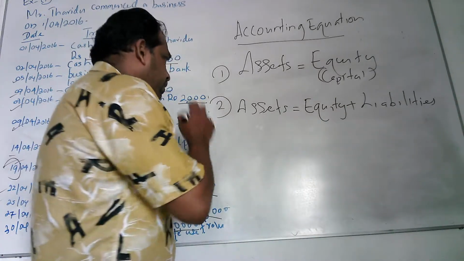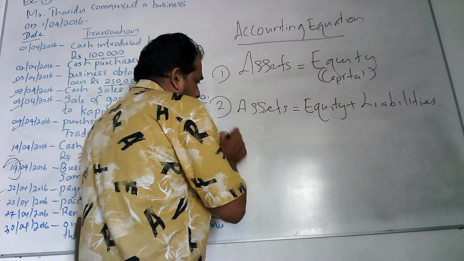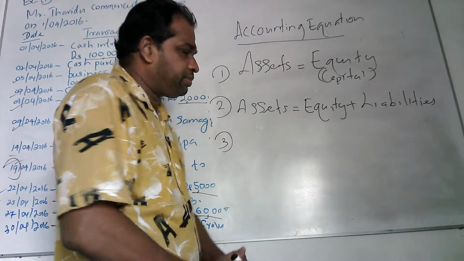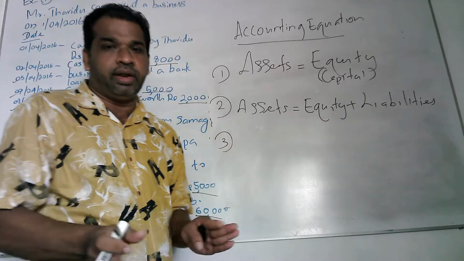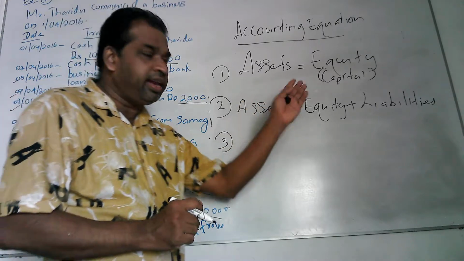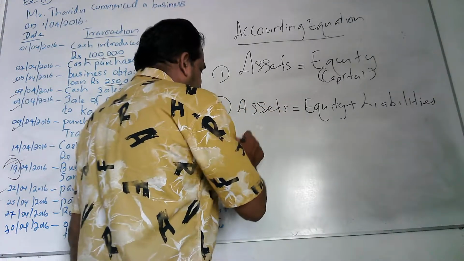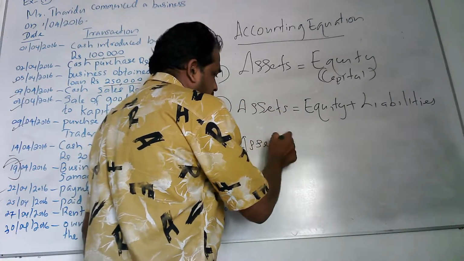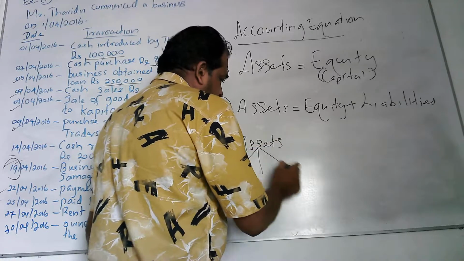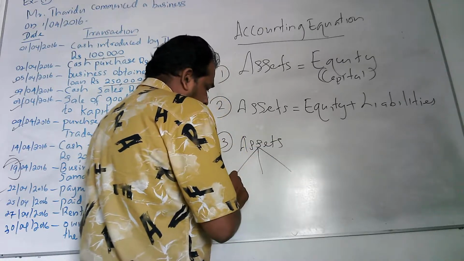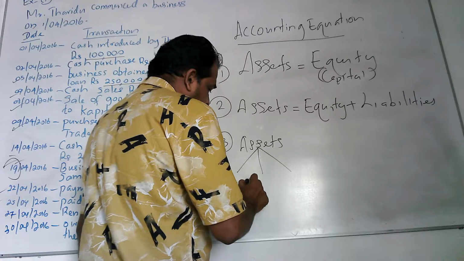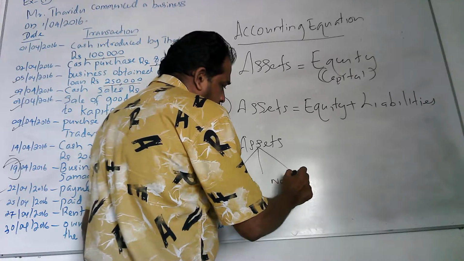Then the third one: at the examination, sometimes you will be given a classification of assets and liabilities. If you take assets, current and non-current.